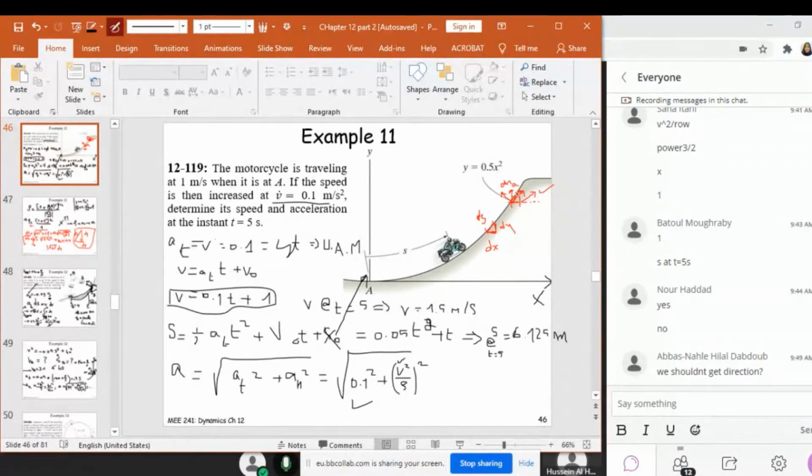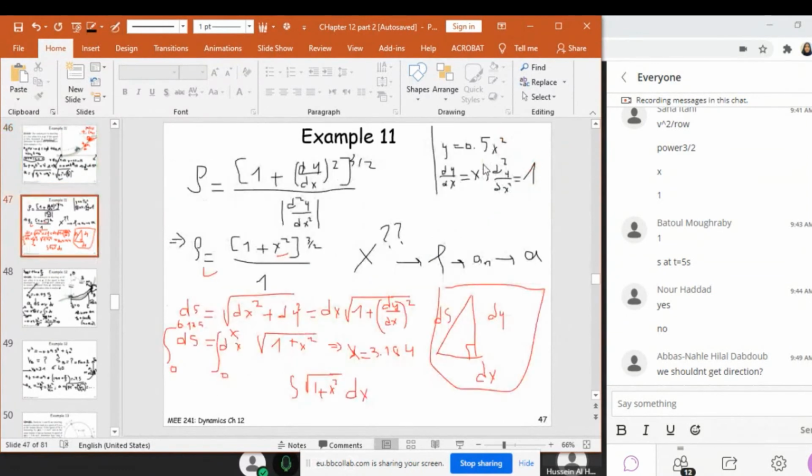And whenever you know the angle between A and AT, and I know the angle between AT and x, I can sum them together in order to find the angle between A and x. So whenever you know the angle between A and x, you can directly know the direction, because this angle will be with the constant direction, which is i. Okay?